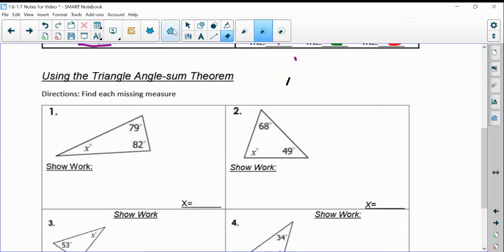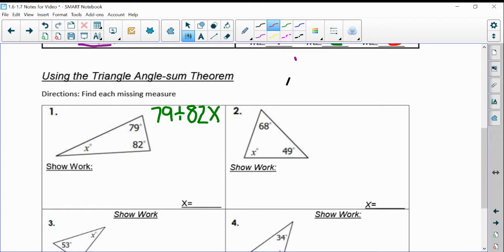All right, so our triangle angle sum theorem states that the sum of these three angles added together equals 180. So what that tells me is that 79 plus 82 plus the unknown angle, not times, plus unknown equals 180.